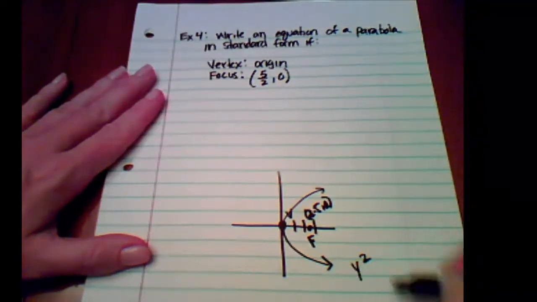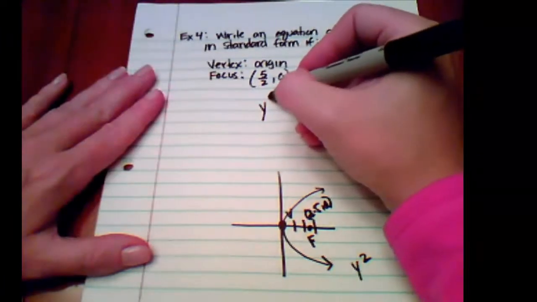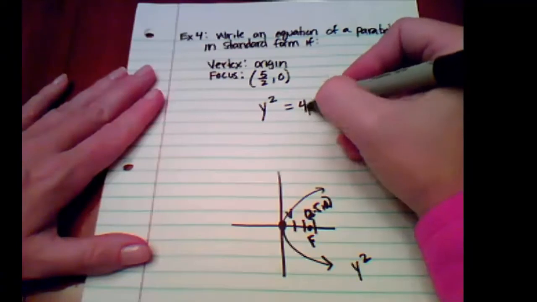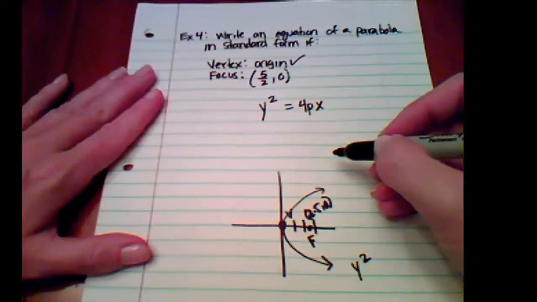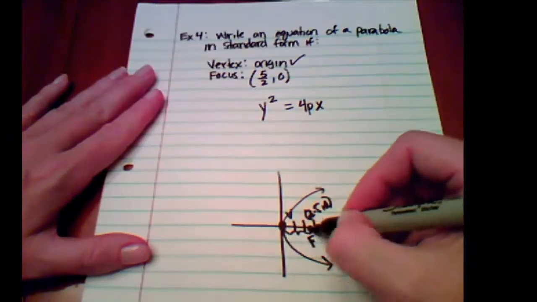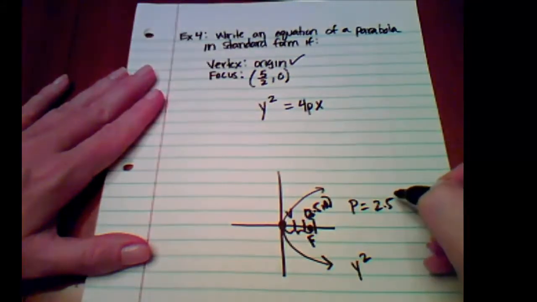This immediately tells me that I have a y squared. So our standard form of this parabola is y squared equals 4p times x, because the vertex is at the origin. And I need to know what this p-value is. Well, the p-value here is 2.5.